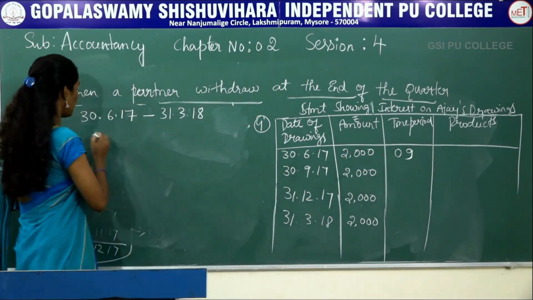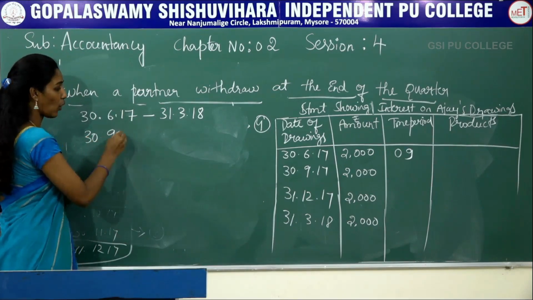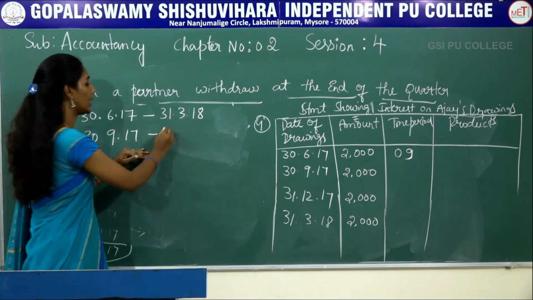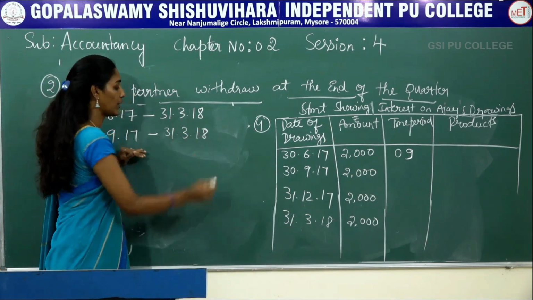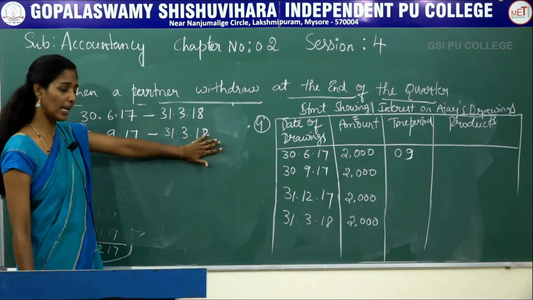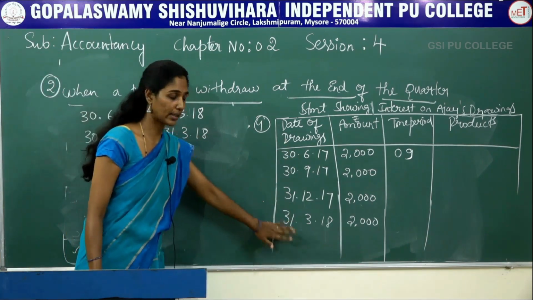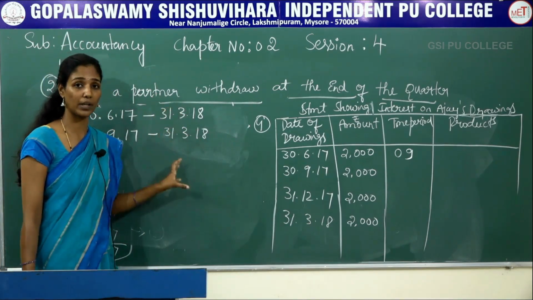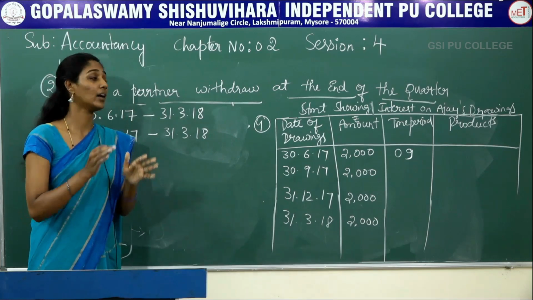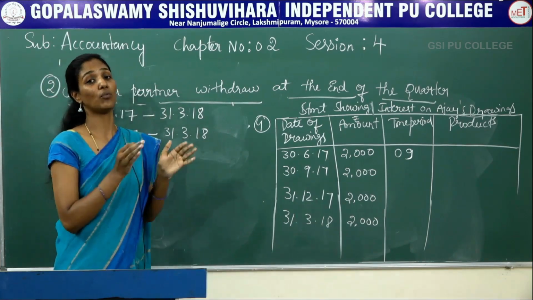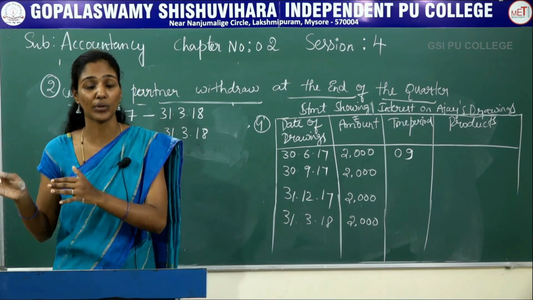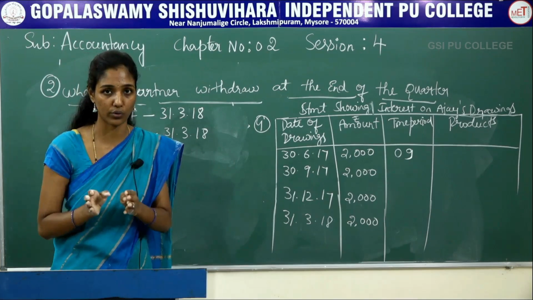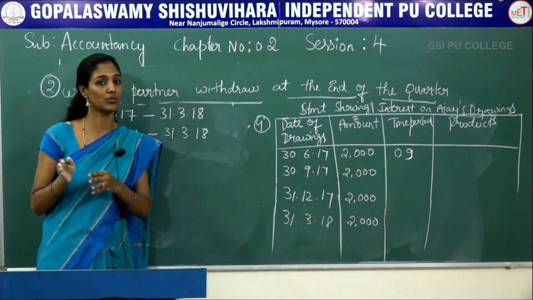Do the same method. Write the date of drawing 30/9/2017 till 31/3/2018. The end date is the same for all drawings, because you calculate the time period from the date of withdrawal till the end of the accounting period. In your problem they clearly mention that the books of accounts are closed on 31st March 2018.